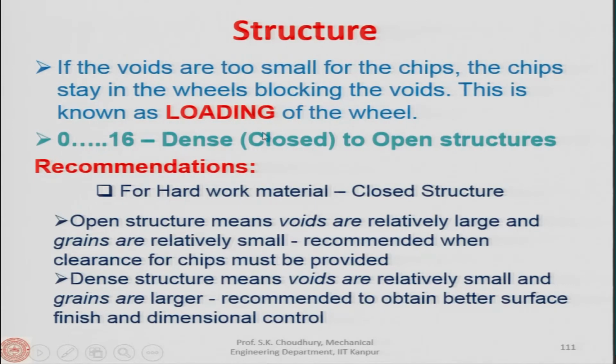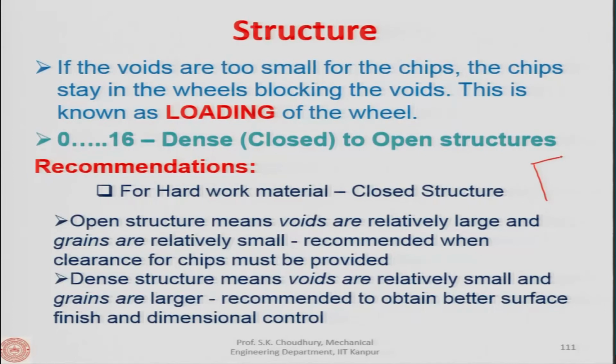In the wheel loading case, it is the layer of the clogged chips, and in the case of wheel glazing it is the layer of the worn out grains. Both of these layers have to be removed, and that is done in the following way.